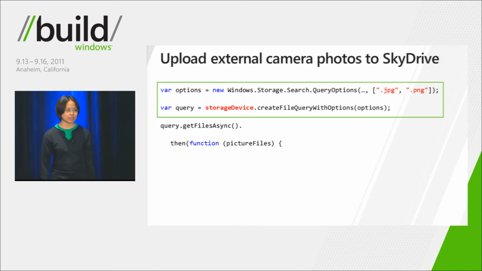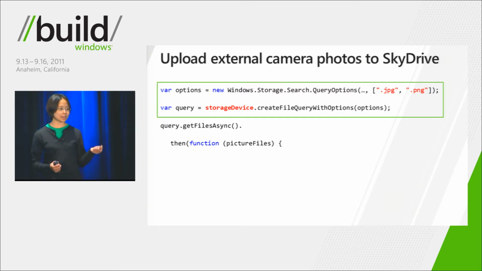Pretty intuitive. We pass the file extensions for the file types we want into query options. You could do all sorts of other query options. If you go to the File APIs talk, they have a whole range of options. You can order by name, you can order by size, really amazing. Here I'm just interested in the JPEG files and the PNG files.